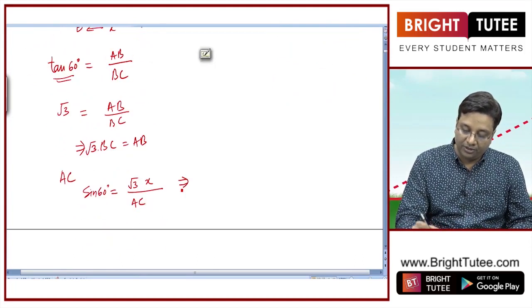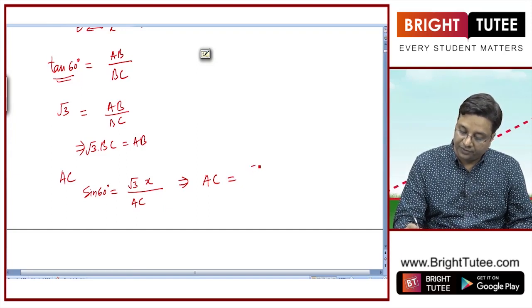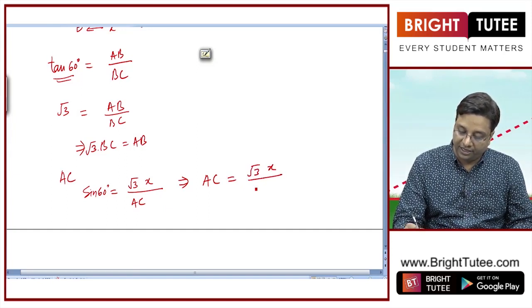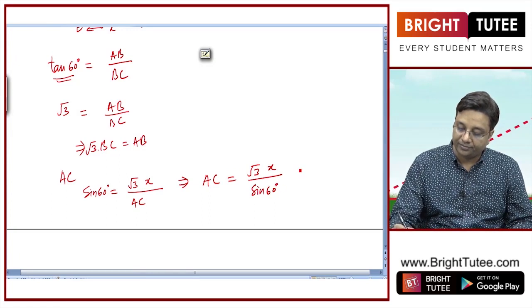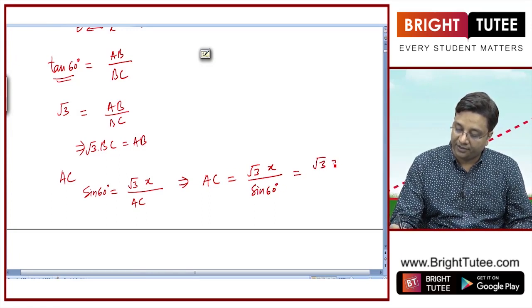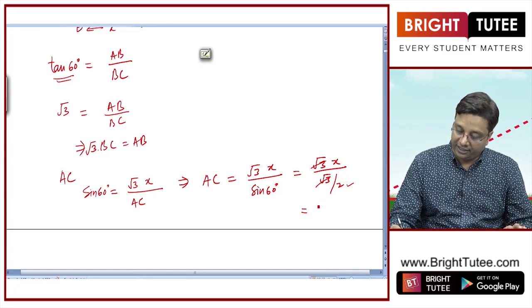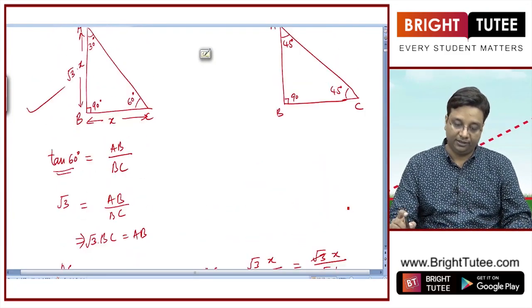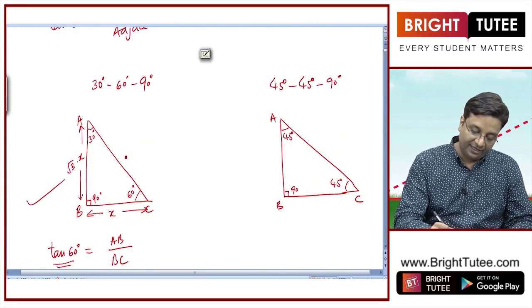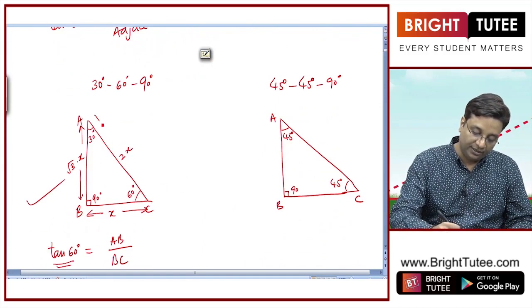So what will be the length of AC here? It will be equal to root 3x divided by sin 60. And how much is sin 60? Sin 60 is root 3 by 2. So this 2 will come in the numerator and this root 3 will get cancelled. Hence, AC is equal to 2x. So, I can write this AC as 2x.